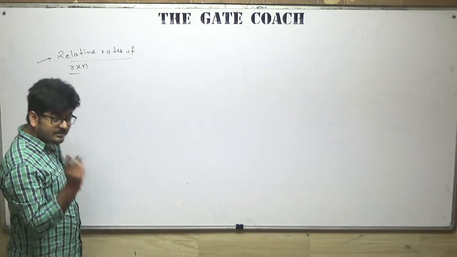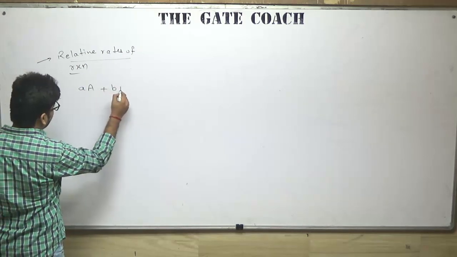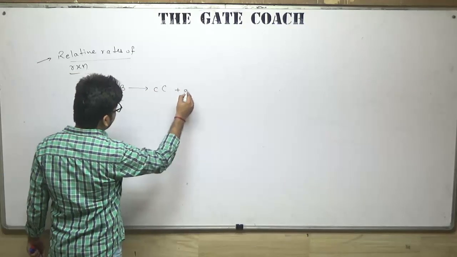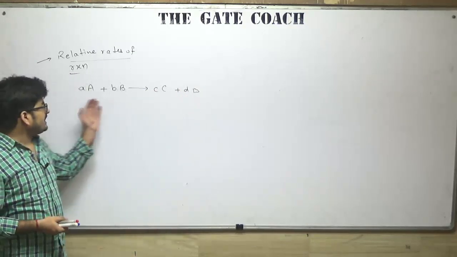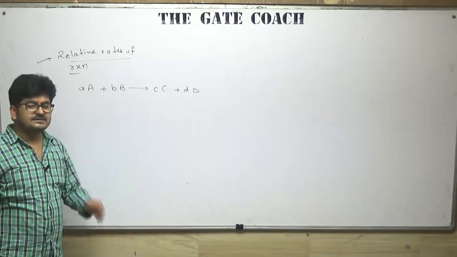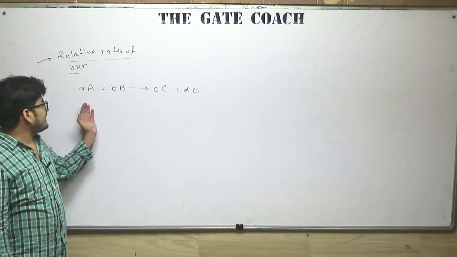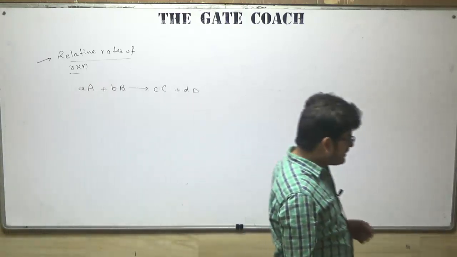So remember this chemical reaction: a unit of A plus b unit of B gives c unit of C and d unit of D, where these small letters a, b, c, d represent the stoichiometric coefficients of the respective components, and capital letters A, B, C, D are the chemical species.